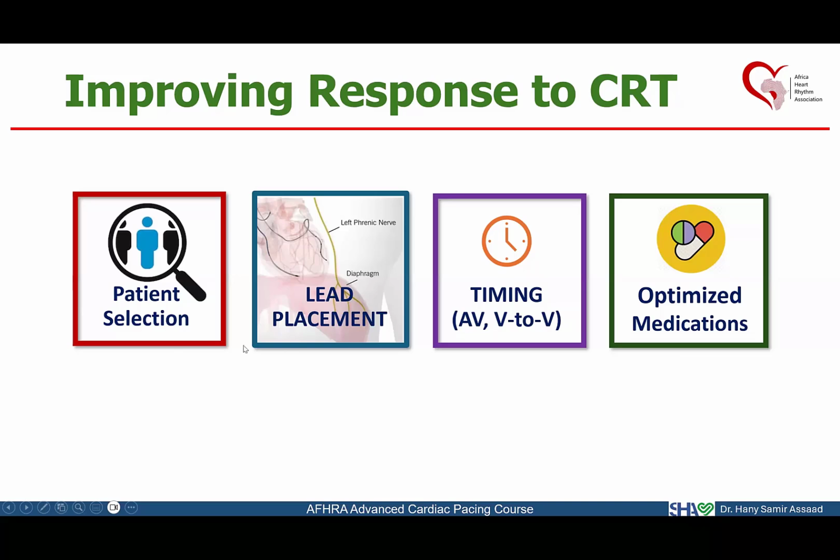Then the lead placement during the implantation, and the timing and the programming itself during implantation, after implantation, and on follow-up, to customize and personalize the programming and the parameters for your patient. You might also activate some automatic optimization algorithms offered by the different companies, and we will also discuss that in the next sessions. And of course, the optimized medications.